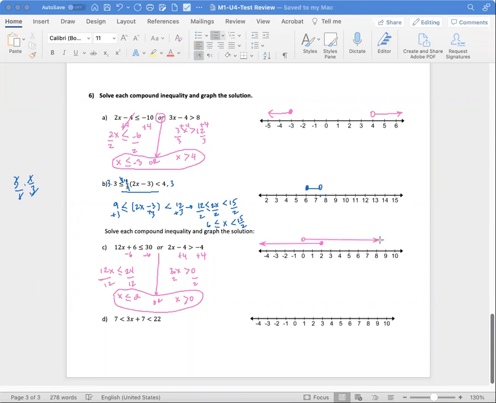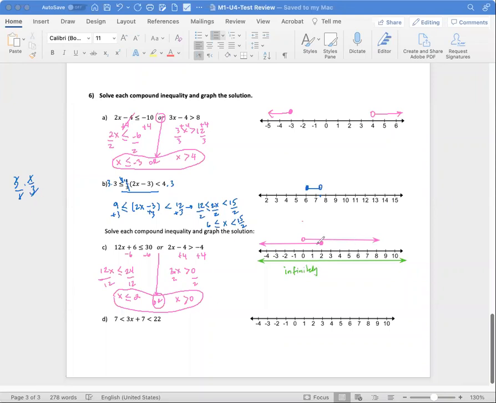Now remember, we talked about this in class. We said, when you have an OR and the two lines that you end up drawing overlap, that means your final answer, which I'm going to graph in green, is really the entire line. You weld them together. So basically, you're saying you have all real numbers or infinitely many solutions.